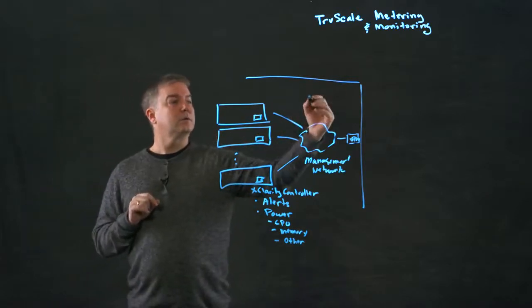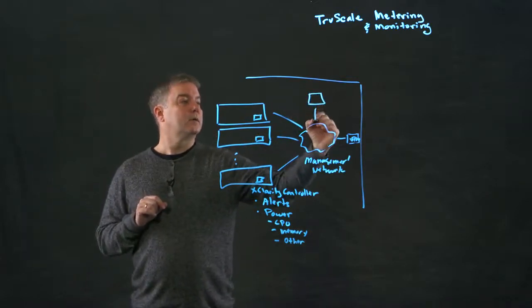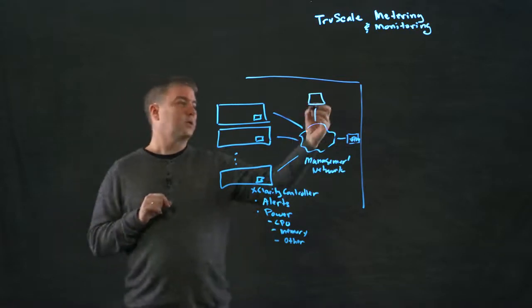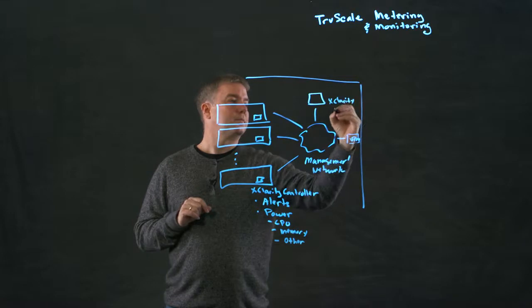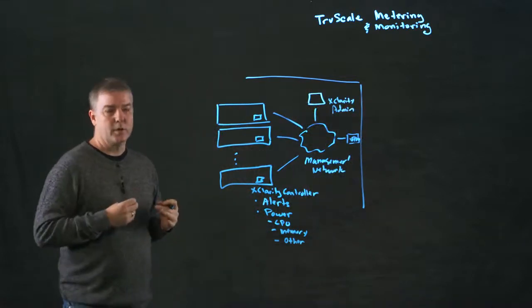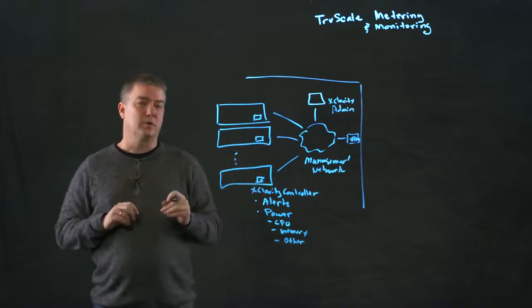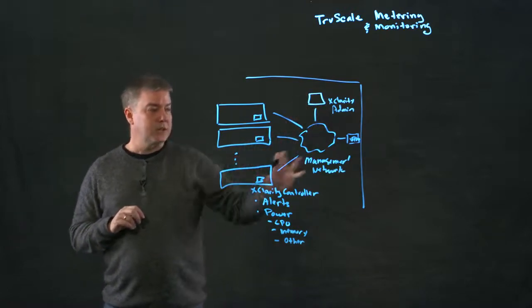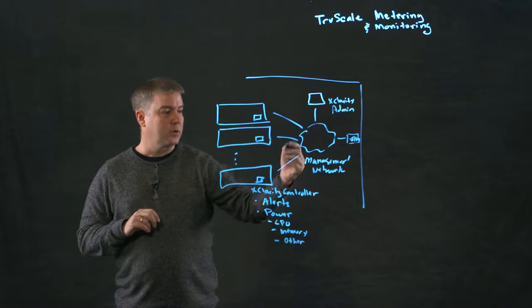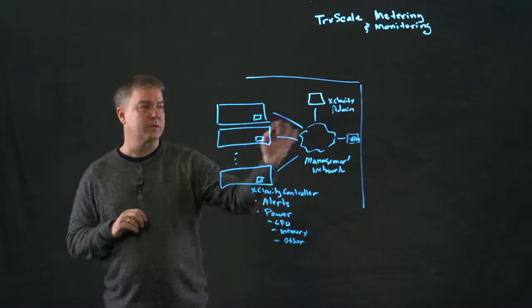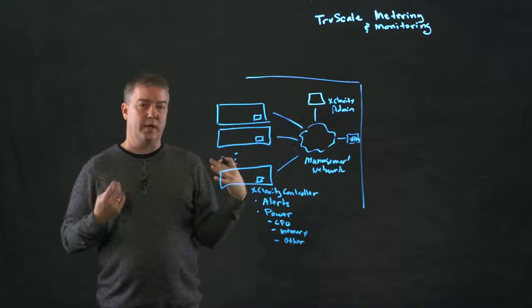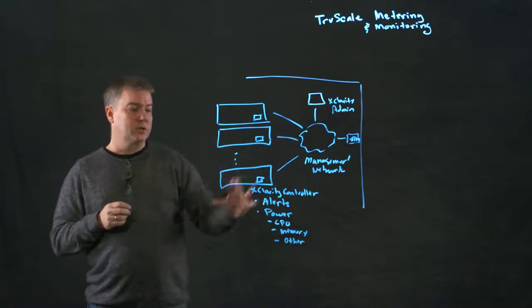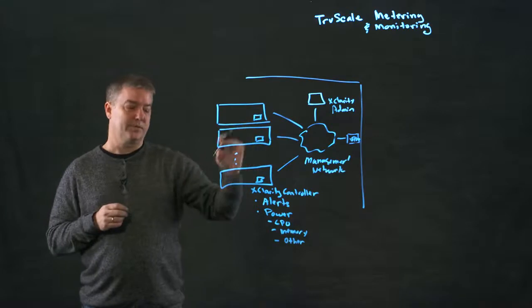Our solution will add in something else that we call the xClarity Administrator. This xClarity Administrator is a collector for all of these xClarity controllers, and it's used to actually manage the system. So all the hardware alerts, anything that's going on with the system, will roll up into this xClarity Administrator so that we can look at it as a whole system. This is our typical systems management solution.